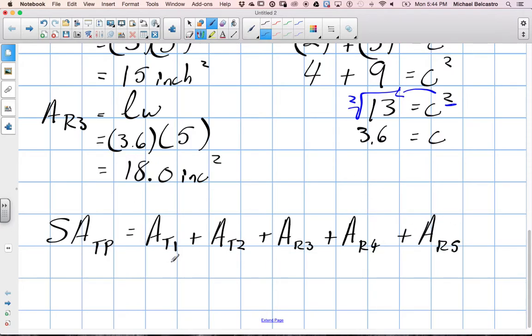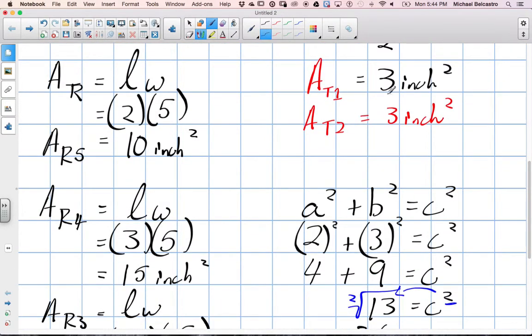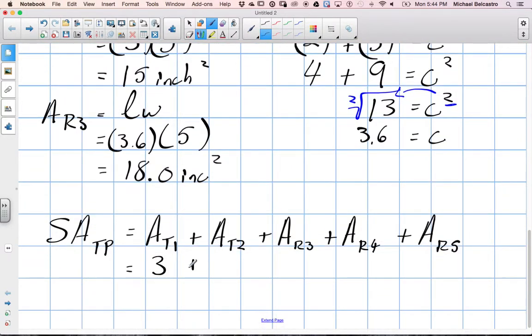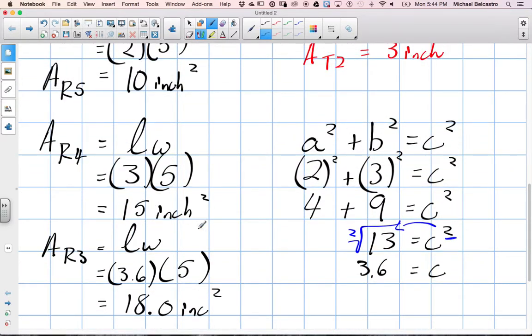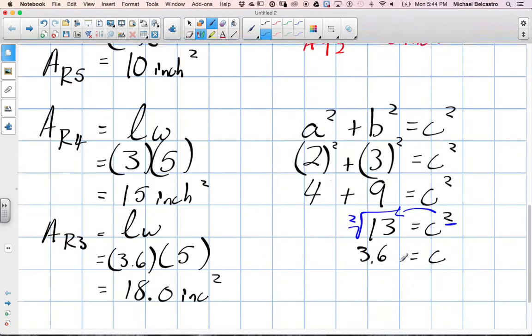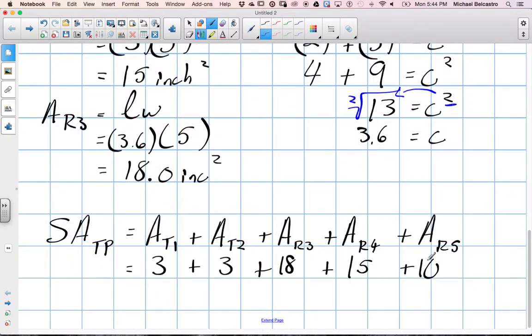As long as I have all that information, I can add them all together. So let's gather it. The area of the 2 triangles was the same, 3, so we have 3 plus 3. Rectangle 3 was 18. Rectangle 4 was 15. Do you see where I'm getting the information? And rectangle 5 was 10.